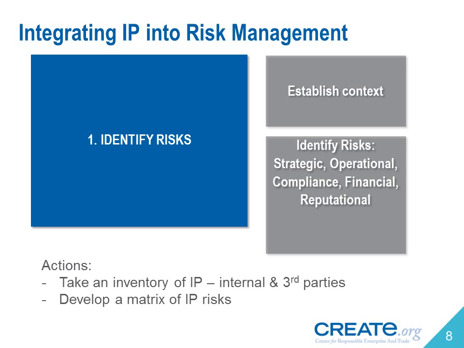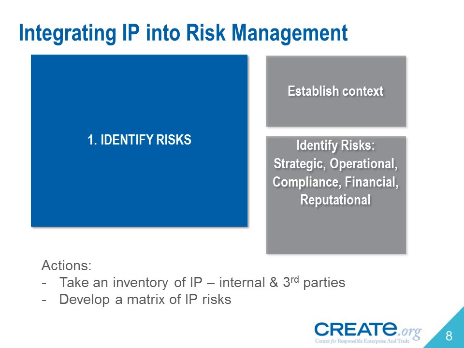And then in identifying risks, there's probably a few different ways of looking at the types of risk that you may deal with. But these can be generally summarized as strategic risks, operational risks, compliance risks, financial risks, and reputational risks. And those are fairly obvious, I would say.